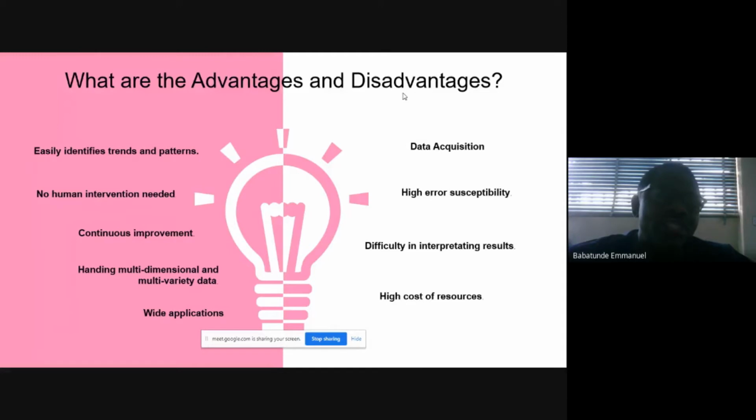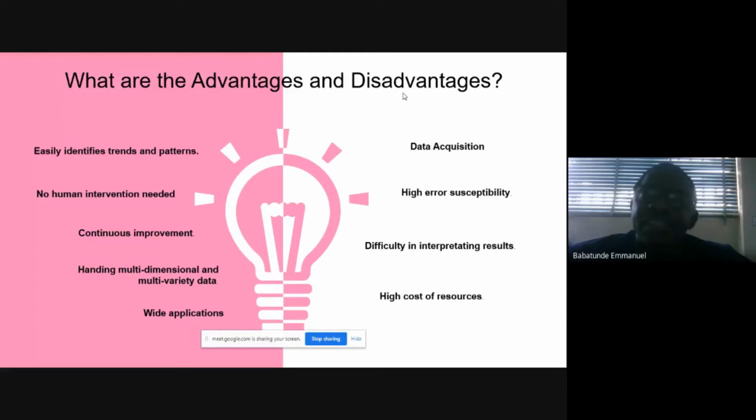It can continuously improve on its own as your data grows. It has the capability of handling multi-dimensional and multivariate data. You can collect data from everywhere, and it has the capability to integrate and aggregate your data and still use it to train its model. Of course, it has very wide applications, and we are going to be looking at a few examples of the applications of machine learning.